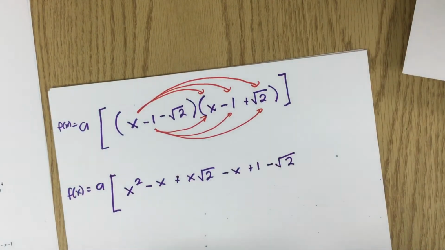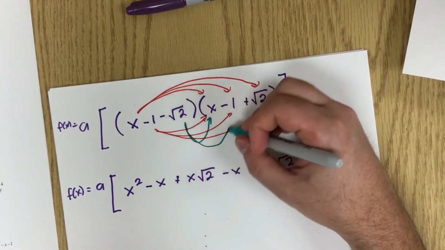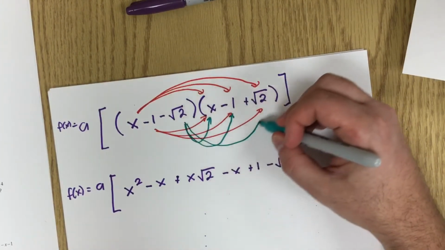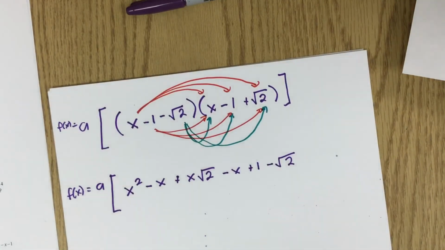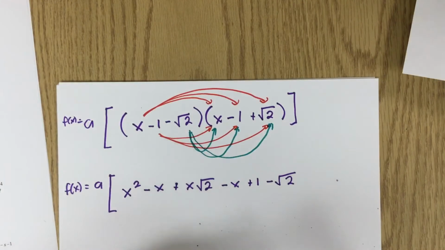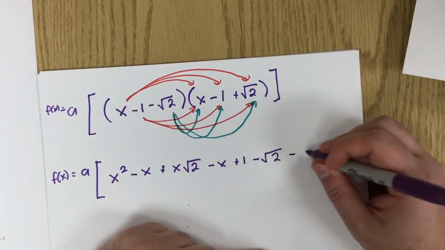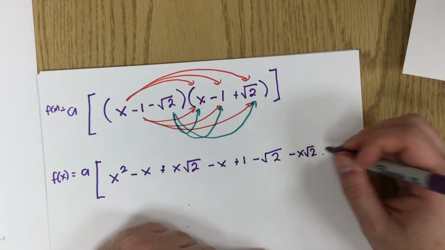Okay, and we're not quite done. We have one last series left. We've got to do this times this times this, and that times that. So the first green arrow is going to be negative root 2 times x, which is minus x root 2.